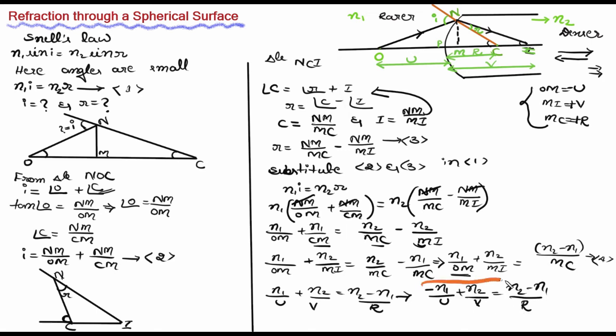So this equation is nothing but the refraction through a spherical surface equation, which says minus n1 by u plus n2 by v is equal to n2 minus n1 by R.